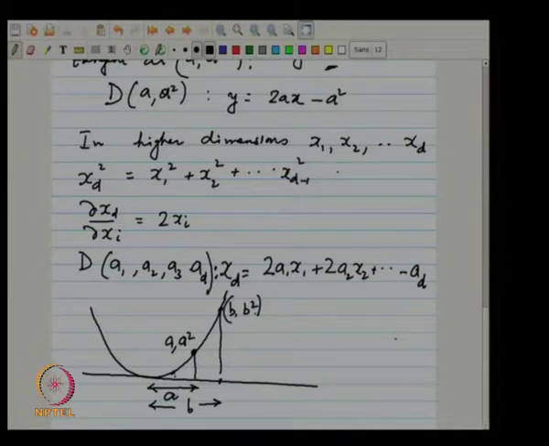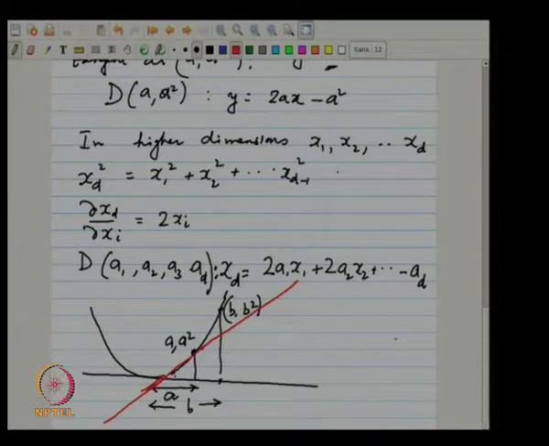I am drawing the tangent at a comma a square. This is my tangent at a comma a square.